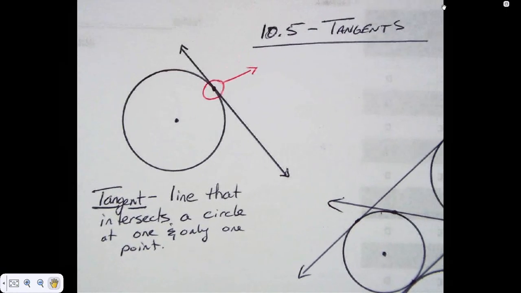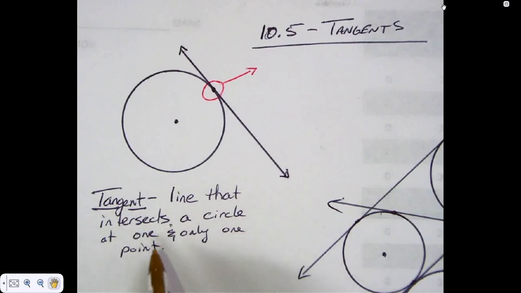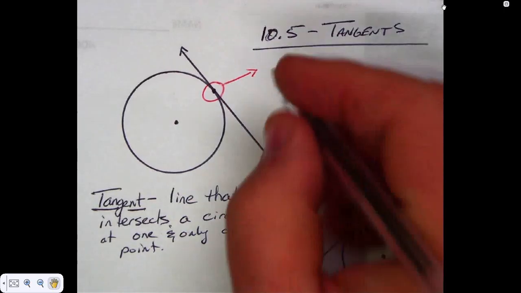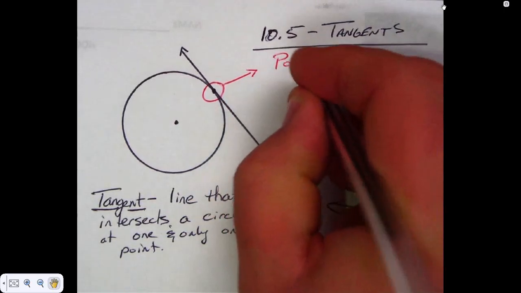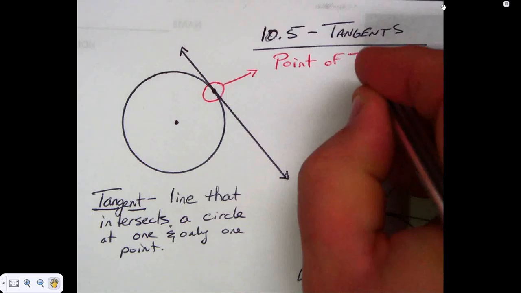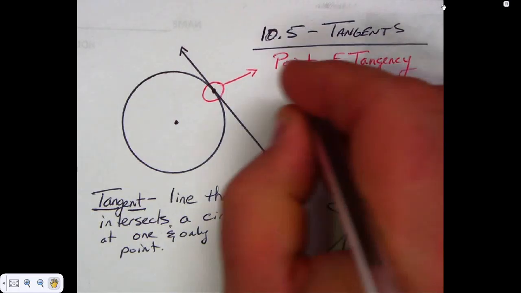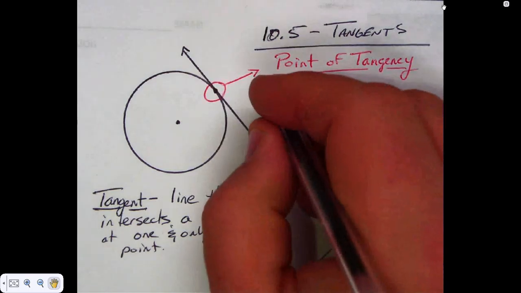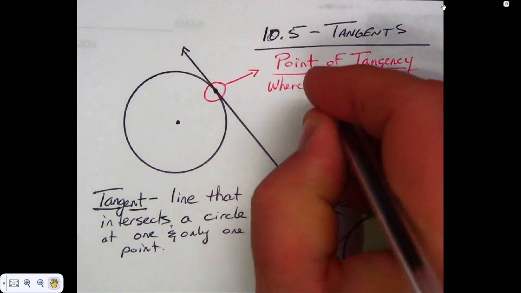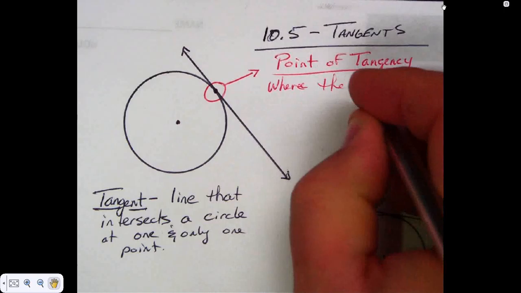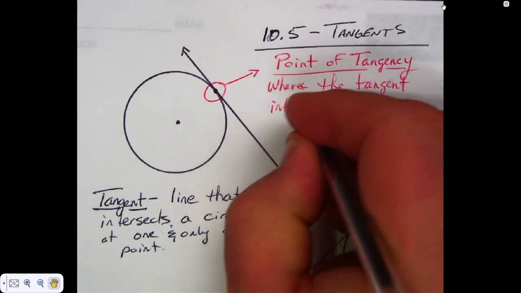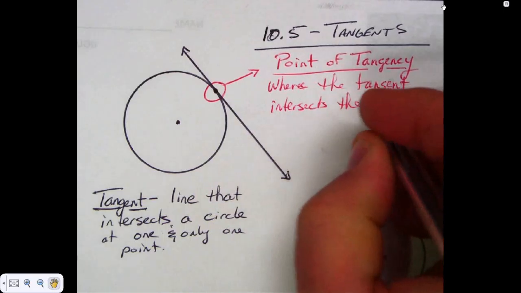Okay, as we said, a tangent is a line or segment that intersects a circle at one and only one point. That right there is that point. That point is called the point of tangency. And that's where what? How could I say that? Where the tangent intersects the circle.